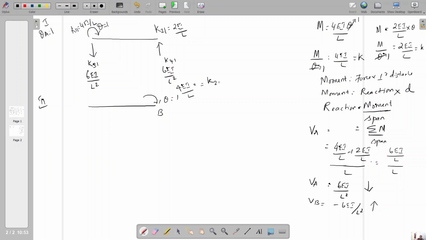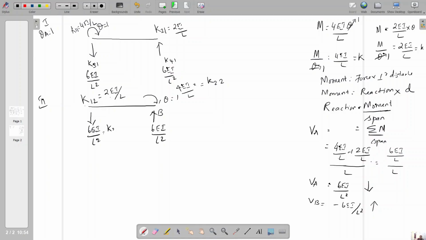So the stiffness K22 is equal to 4EI by L. Due to the unit rotation at second coordinate, we will have the first stiffness, that is rotation coordinate, half of the moment will carry over, so 2EI by L. And if you look at the reactions, the same reactions, that is summation of moment by span, the same 6EI by L square will be here, 6EI by L square.